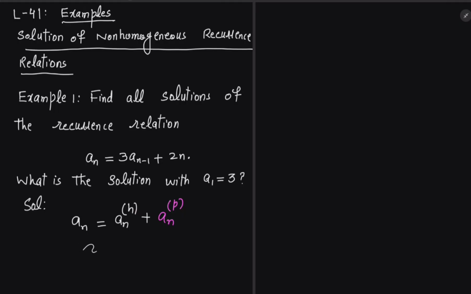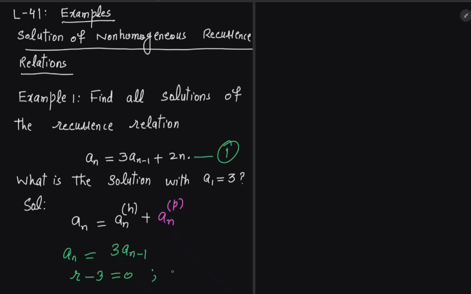So first of all, to find the homogeneous solution, we need a homogeneous recurrence relation, which is given from equation 1 as an is equal to 3an minus 1. And we already know that the characteristic equation for this recurrence relation is r minus 3 is equal to 0.